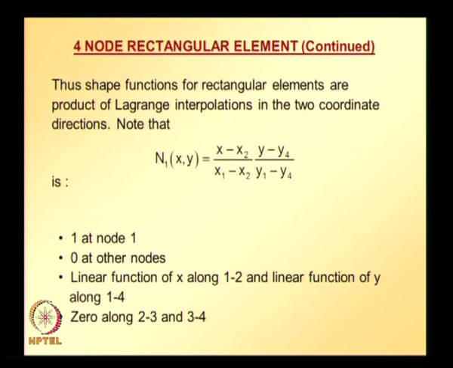These properties are satisfied not only by the shape function of node 1, but by the shape functions of other nodes also. So, the shape function of a node is going to be 0 along sides of which it is not a part, and it is going to be equal to 1 at its own location and equal to 0 at all other nodal locations.